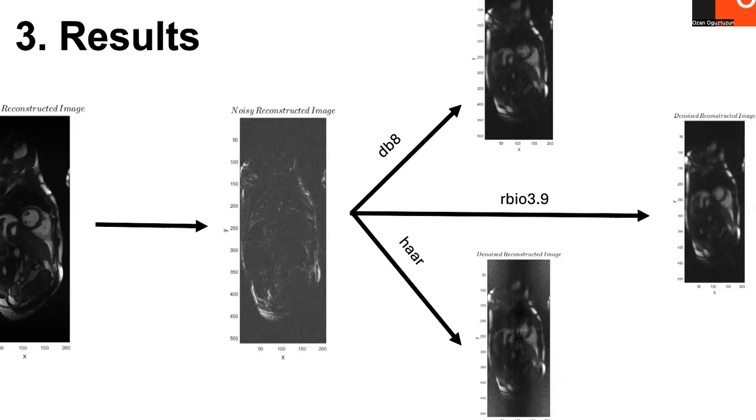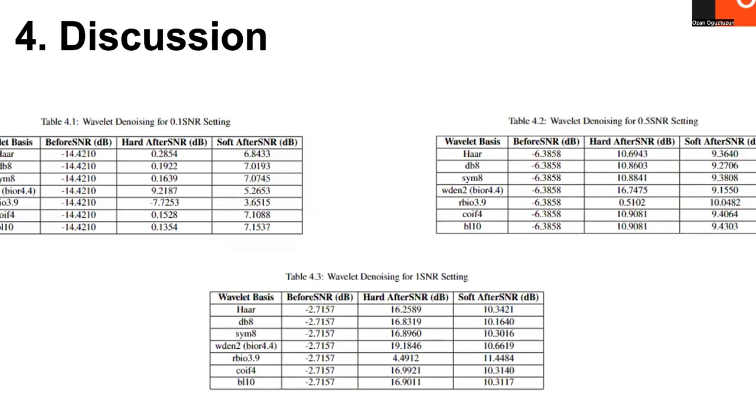And then, for example, by using db8, rbio3.9, or Haar basis functions, we can denoise this noisy image and get a reconstructed denoised image, but each wavelet function gives us a different result, and we tried 7 of them in total using different noise levels and got our results.